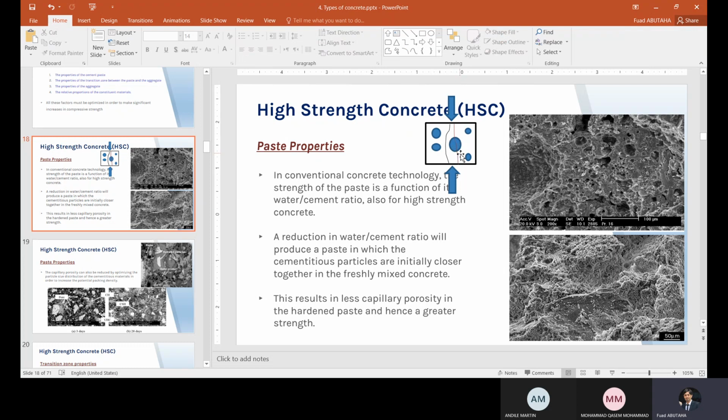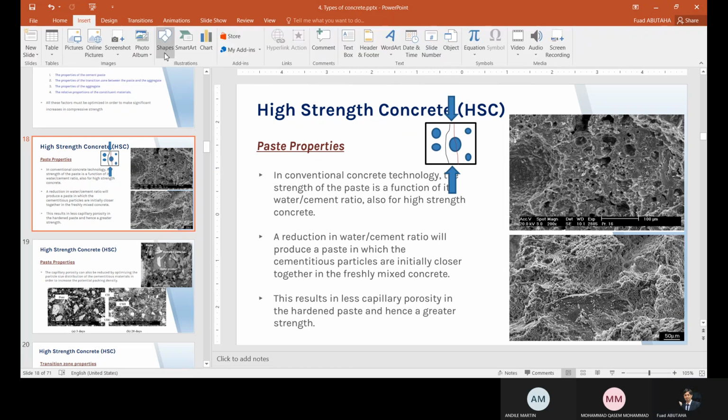The aggregate is weaker than the cement paste, so it's easy to break the aggregate and go through it and make the concrete fail. The third scenario is that the crack can go through the bond between the aggregate and the cement paste.